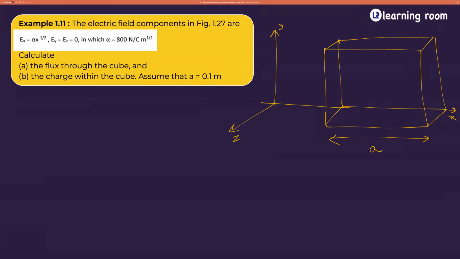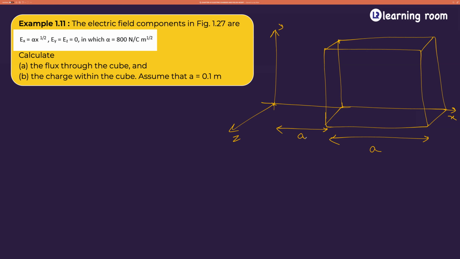So listen, there is a cube of side A that is placed in this way, where the first face of the cube is at a distance A. See, this part is not given in the textbook, that is missing, but it is at a distance A from the origin, right?